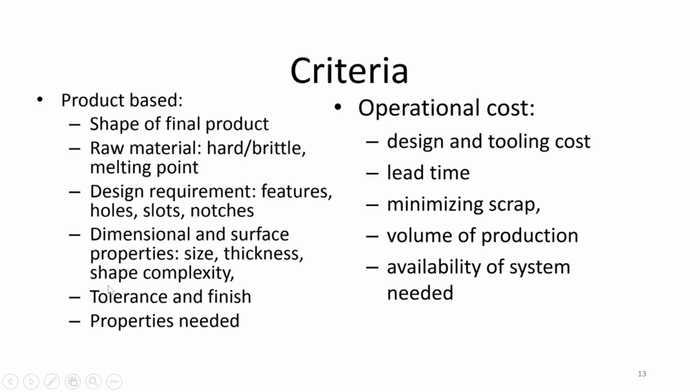Properties needed: based on the property that you require, you choose your manufacturing process. Then design and tooling cost, and lead time, meaning what time will be required throughout the process. Minimizing scrap: scrap will be higher in case of machining, and less in case of powder metallurgy. Volume of production and availability of system needed will all decide what manufacturing process you select.